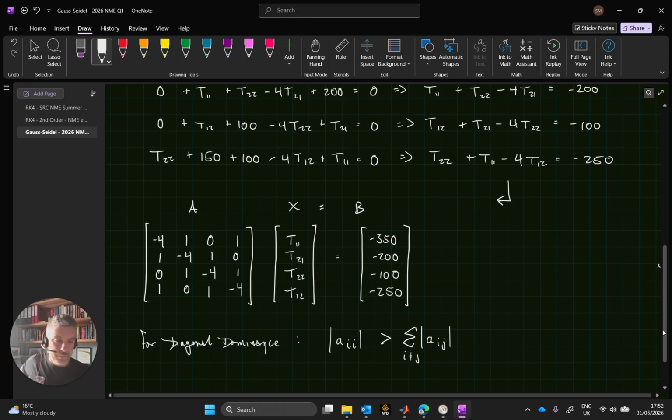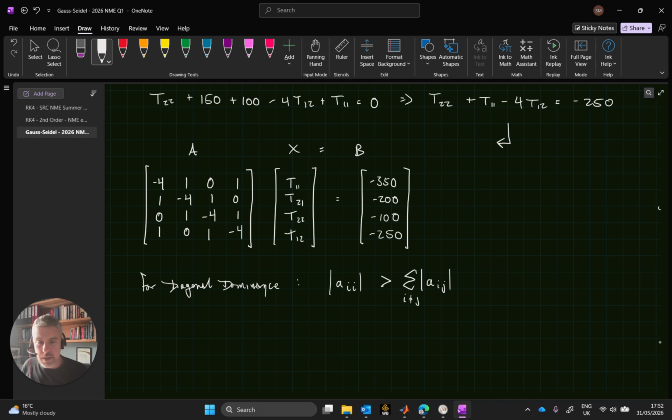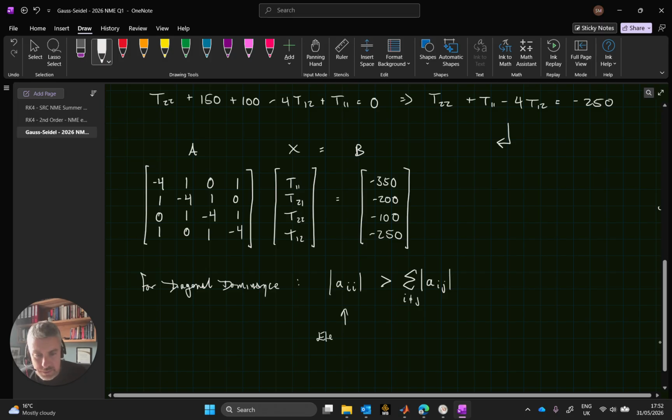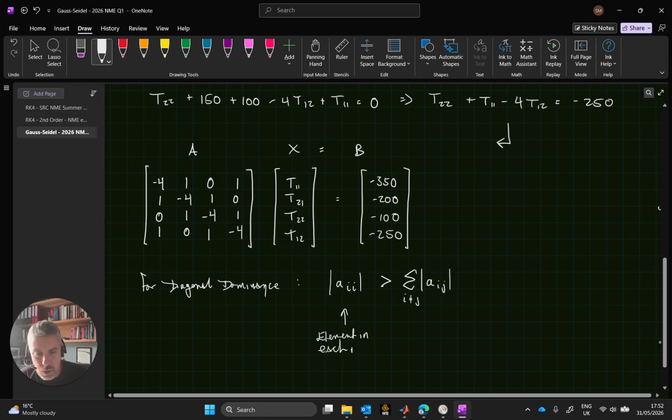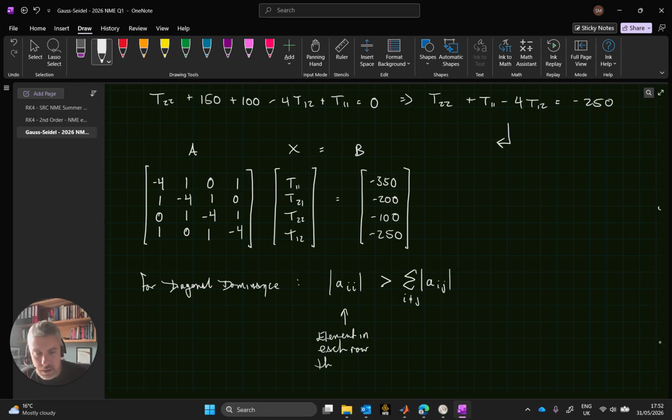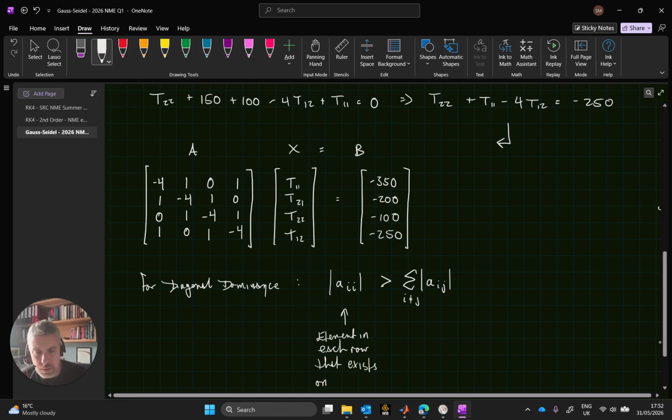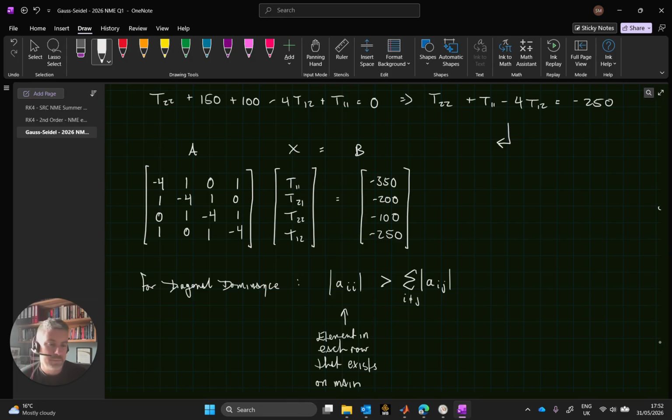So our main elements, this here again is going to be the element in each row that exists on the main diagonal.